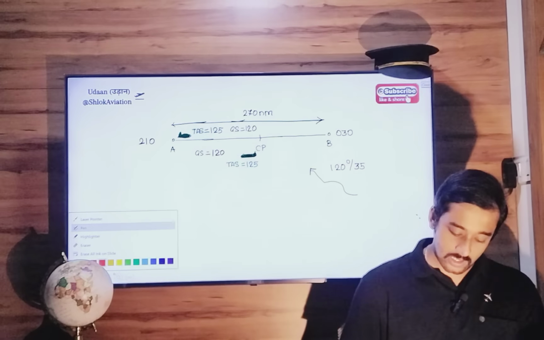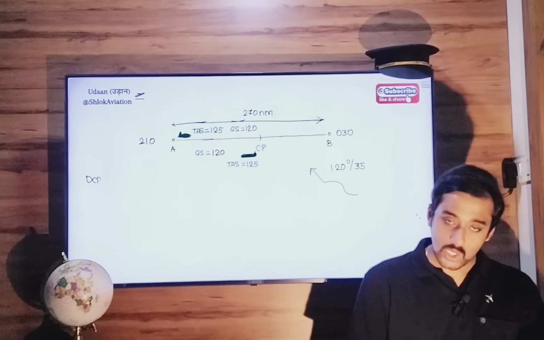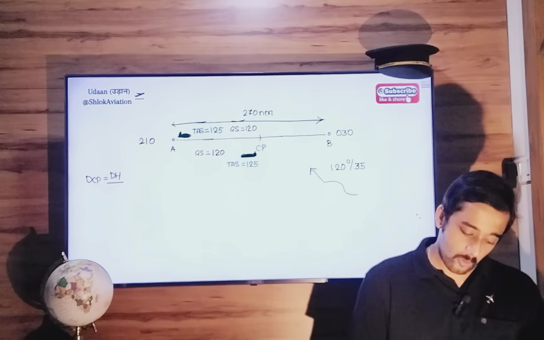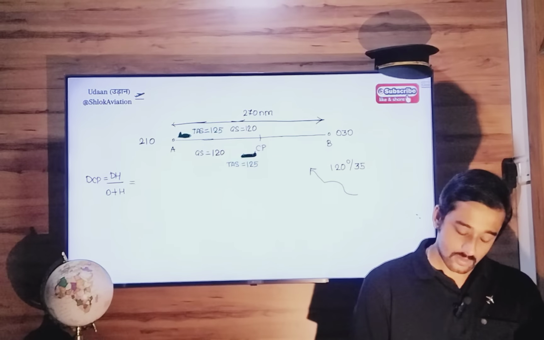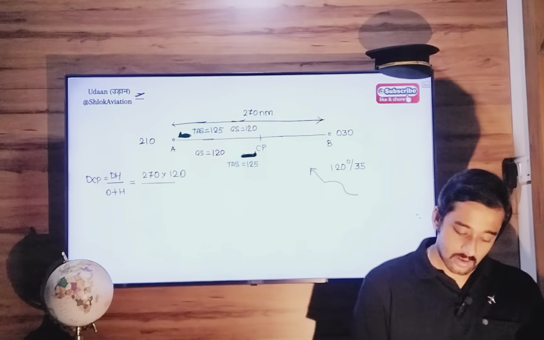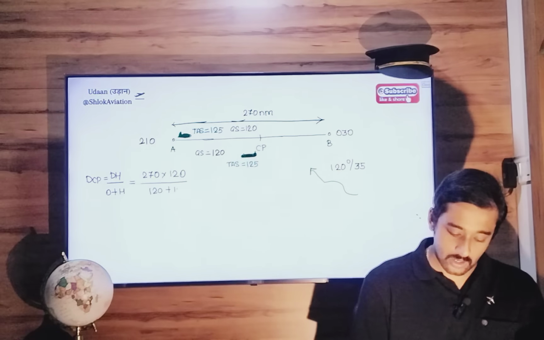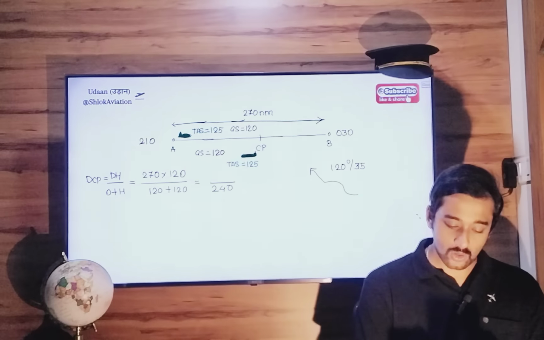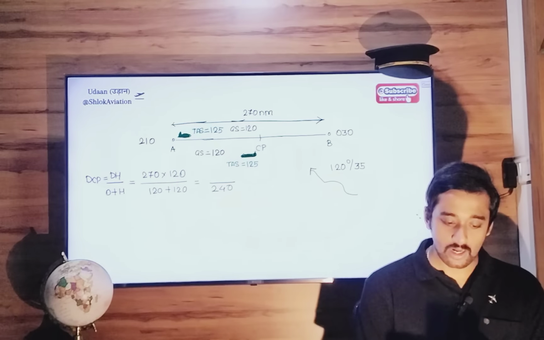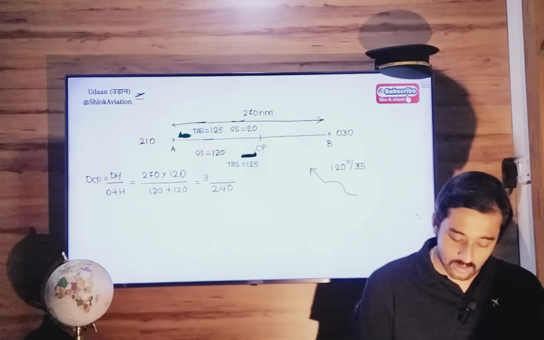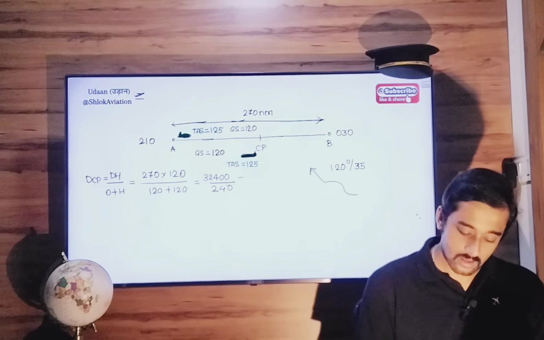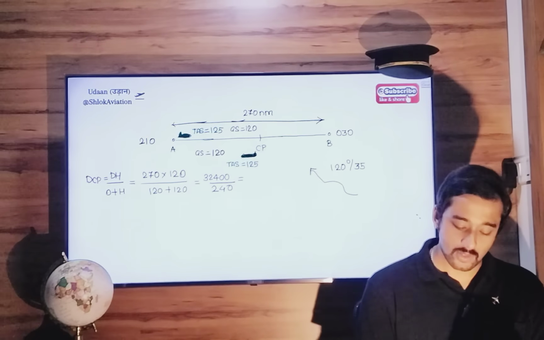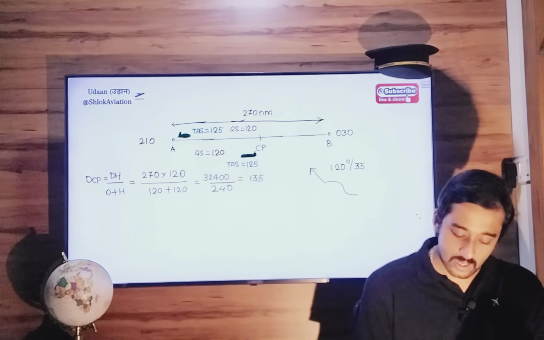So let's find out the distance to critical point, which is D multiplied by H divided by O plus H. So 270 multiplied by 120 divided by 120 plus 120. 270 into 120 is 32,400, divided by 240 becomes 135 nautical miles.